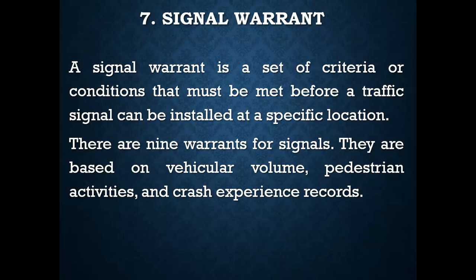Just to recap on this, before we can determine if a traffic signal will be installed at a specific location or at a point of intersection, it is very important for it to meet certain criteria and conditions to know if it will be most effective to improve safety and traffic flow in that location.